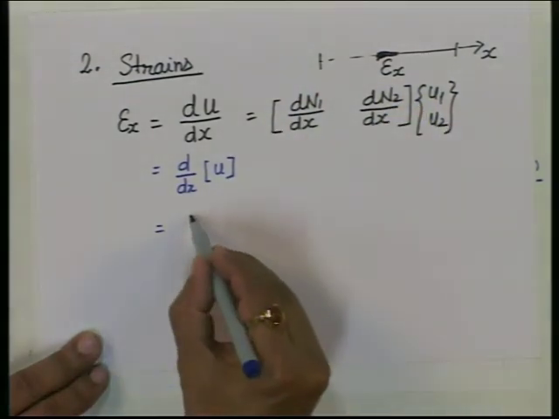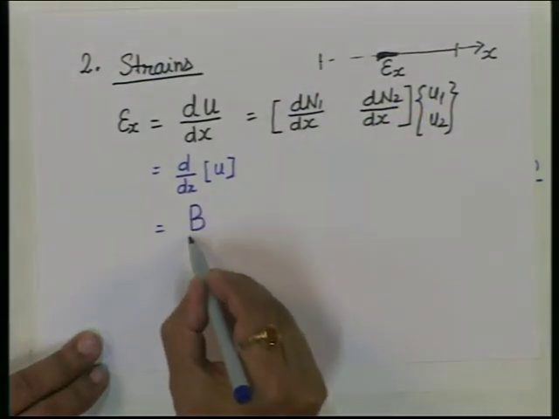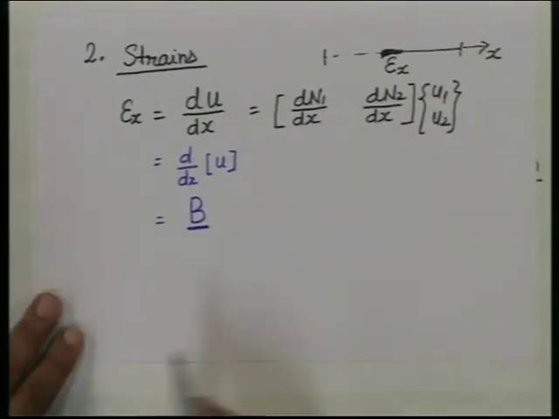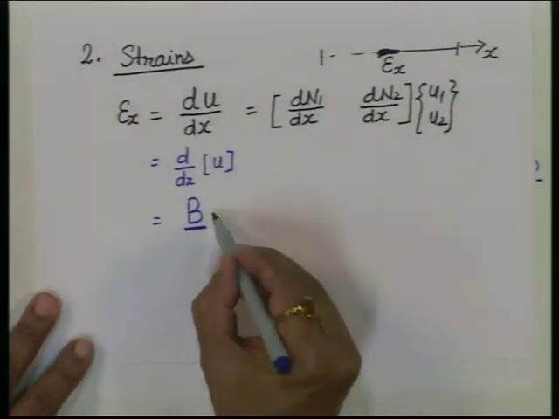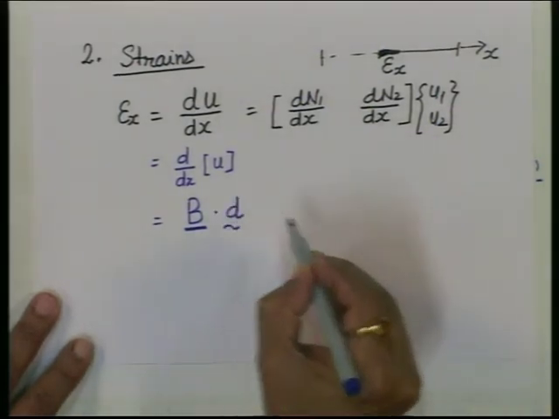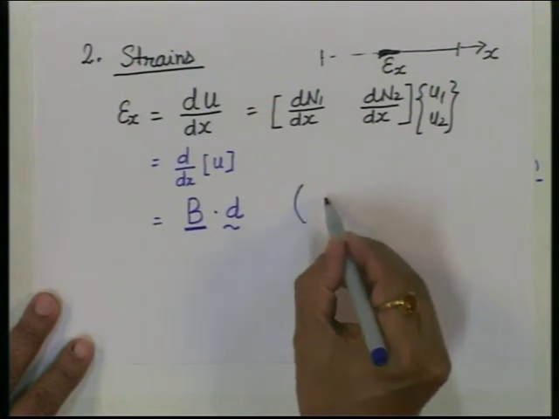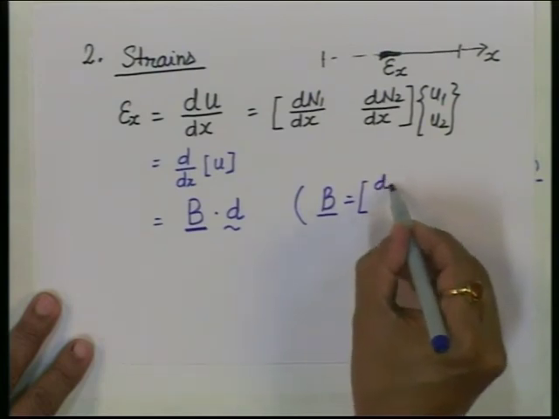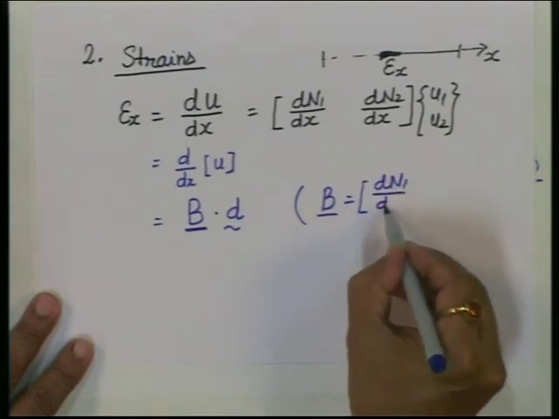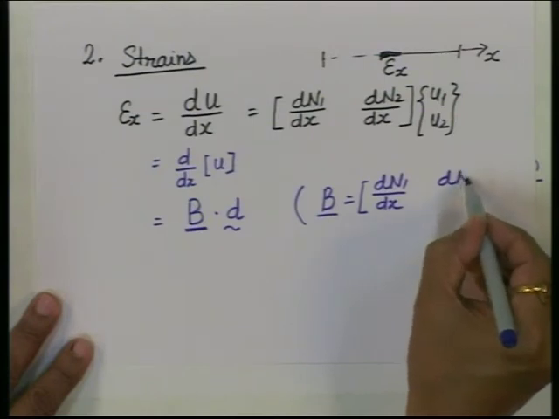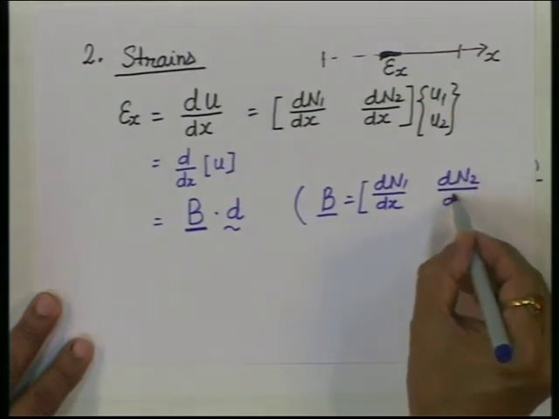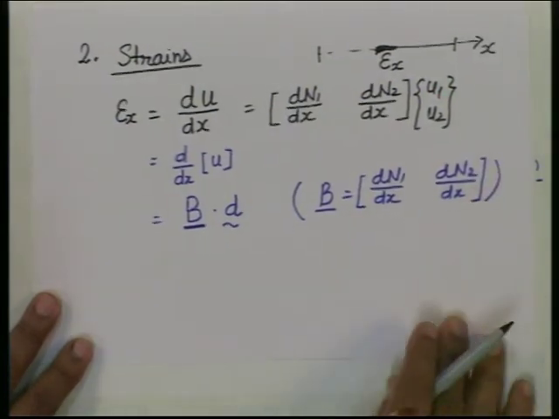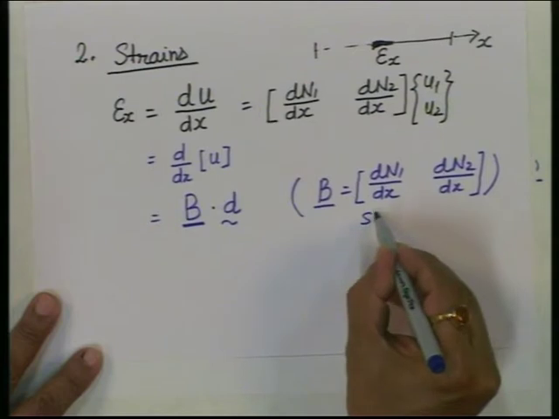So, I will call this a B matrix, B. If you read any book of finite element, that is B times D, where B is dn1 dx. So, it is a derivative matrix, also called a strain matrix.